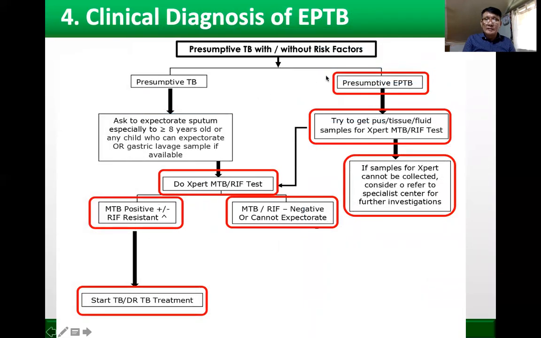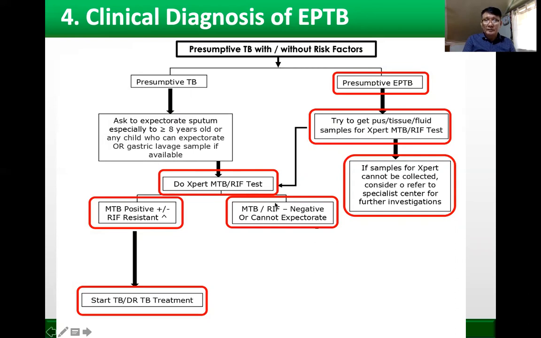Now, we will be discussing the presumptive EPTB. After identifying presumptive EPTB, you try to get pus, tissue, or fluid samples for the Xpert MTB test, and we subject them to MTB testing. If the result turns out to be positive, then we start the treatment.